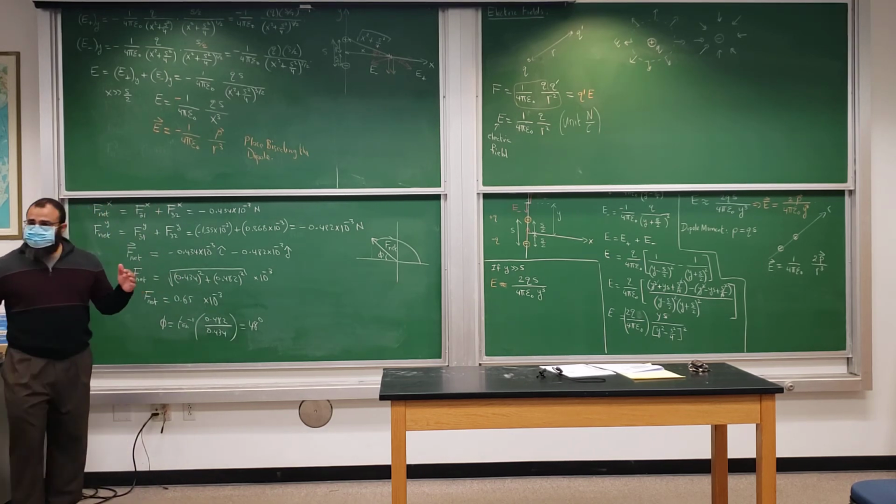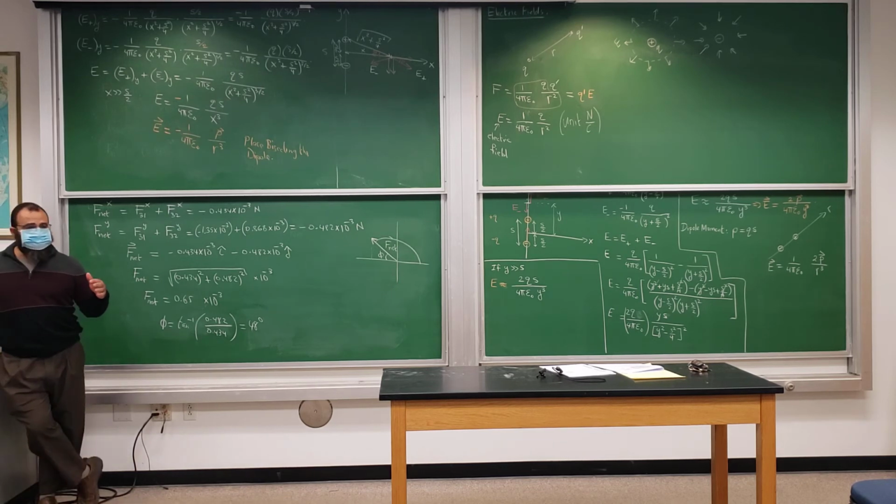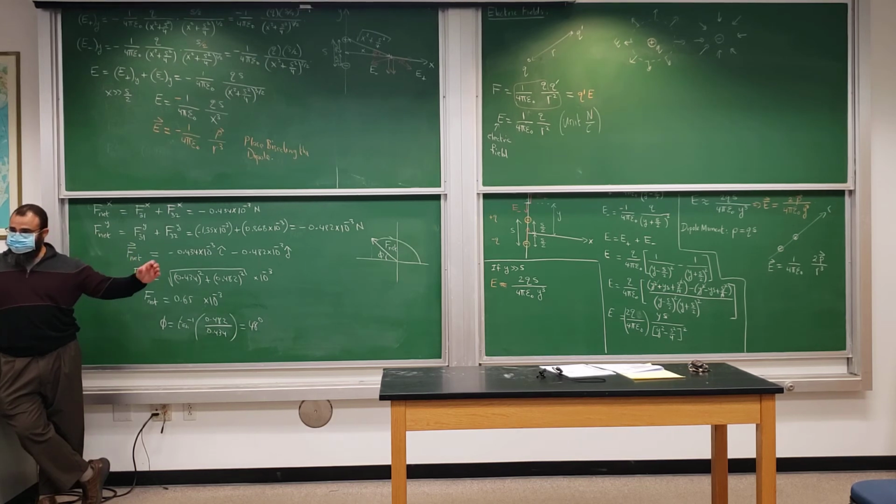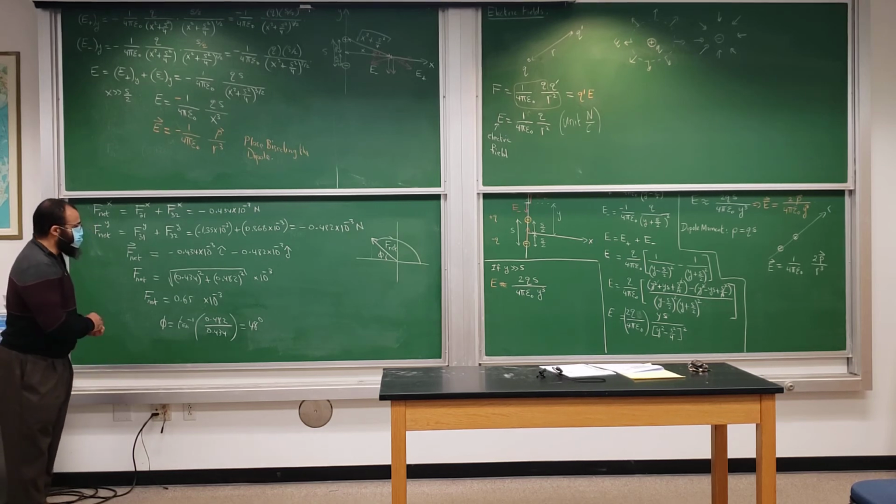Well, the electric field due to several charges will be the vector sum, right? You add all the vectors from each charge. So the electric field for a continuous distribution will be, instead of summation, integration. The continuous sum, right? Riemann sum. So that's what we're going to look at.